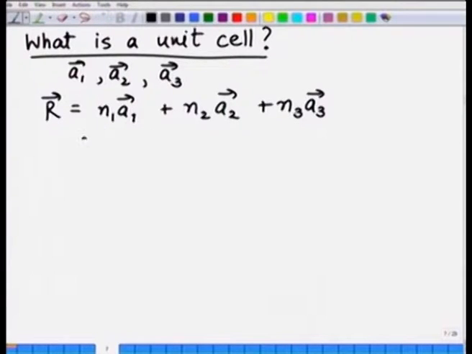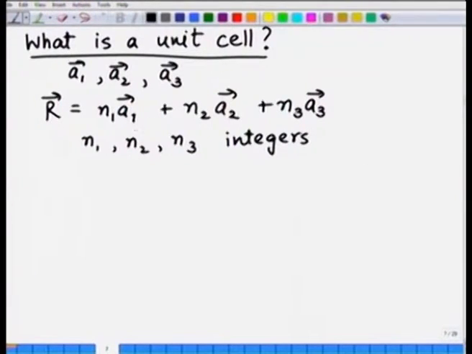That means I should be able to reproduce all the points by taking N1, N2, N3 as integers, and I should be able to get to another point. This is one way to look at it.